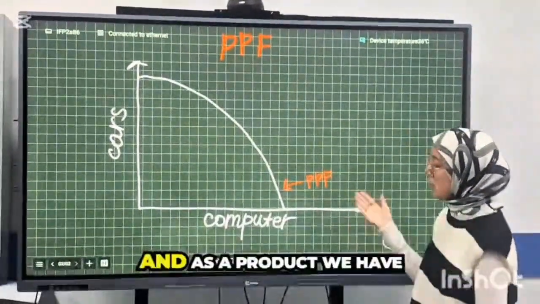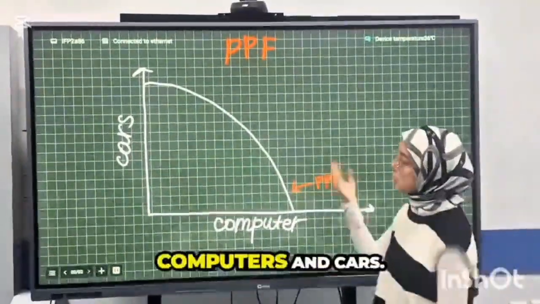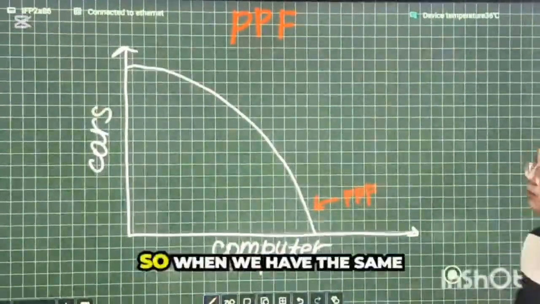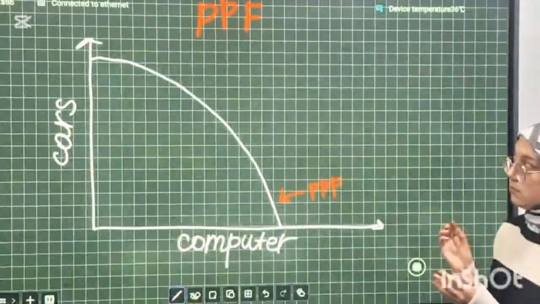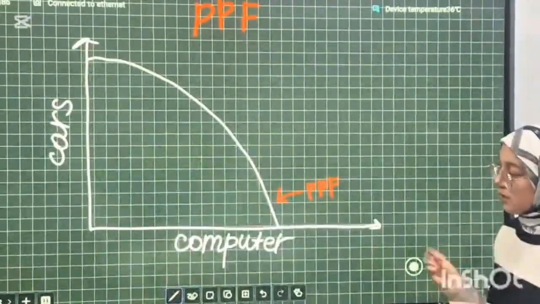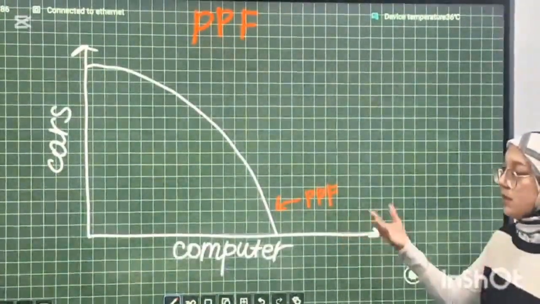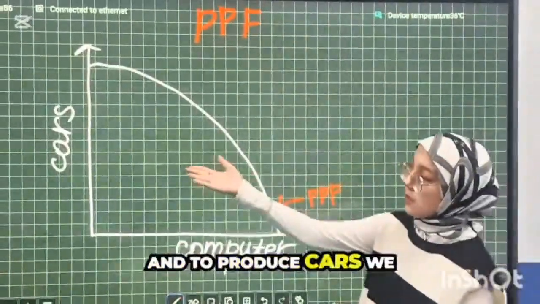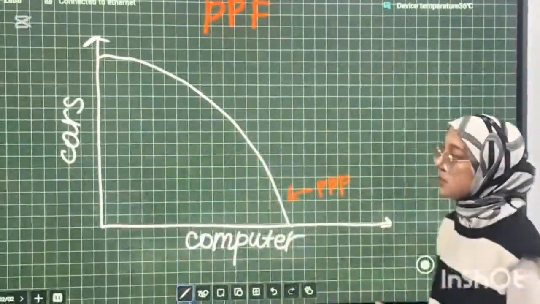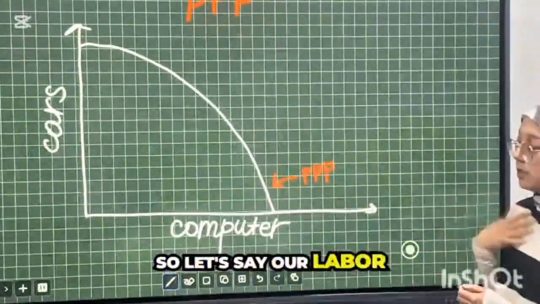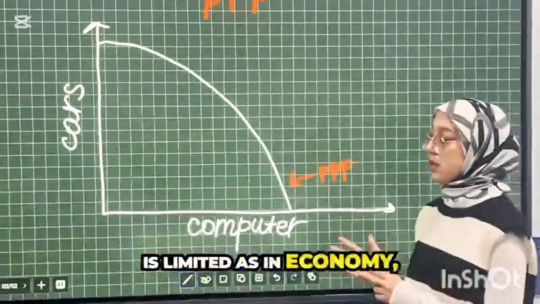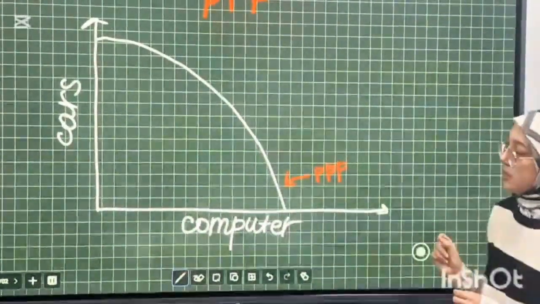As products, we have computers and cars. When we have the same input, to produce computers we need some labor, and to produce cars we need labor as well. Let's say our labor is limited, as in the economy everything is scarce.